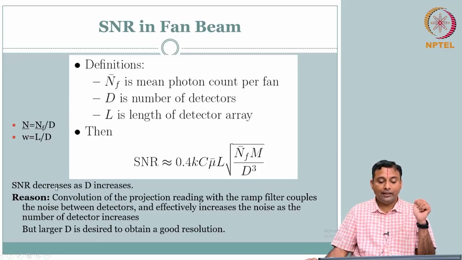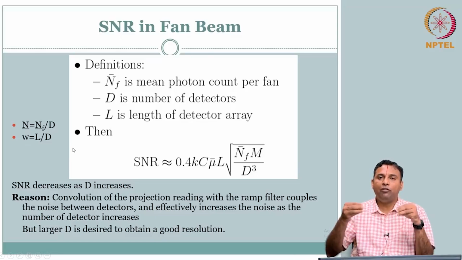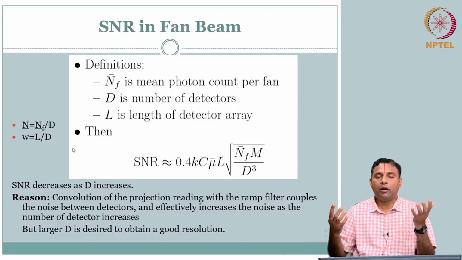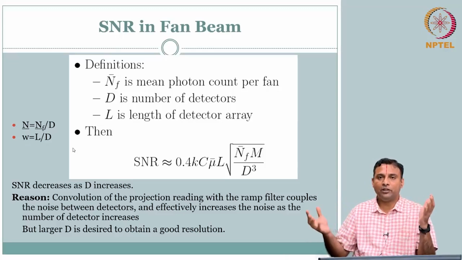So SNR decreases as D increases. This is something that is right. D increases, SNR decreases. D is the number of detectors. So this is something that is not intuitive. You would have expected that if you have more detectors, you have more measurements, so you will probably get less noise, at least because you are averaging and reconstructing using more independent random variables.